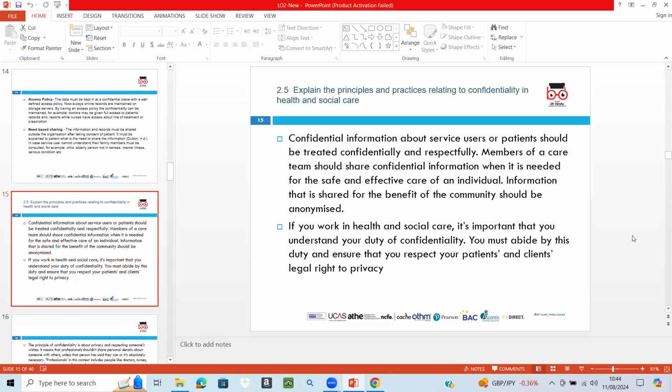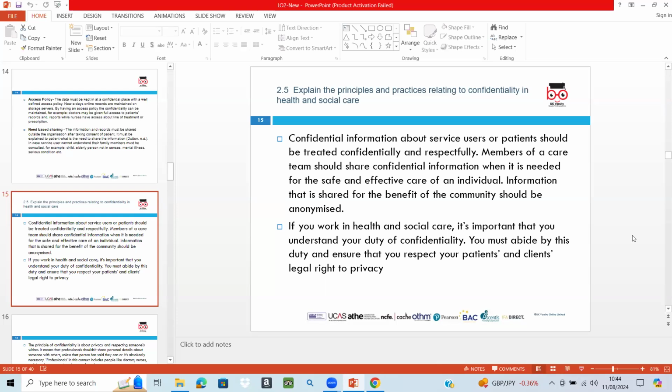So here we need to discuss principles and practices relating to confidentiality in health and social care. As we all know, confidentiality is very important in healthcare practices, and understanding its principles is very important in health and social care. The first one is treating information confidentially and respectfully.